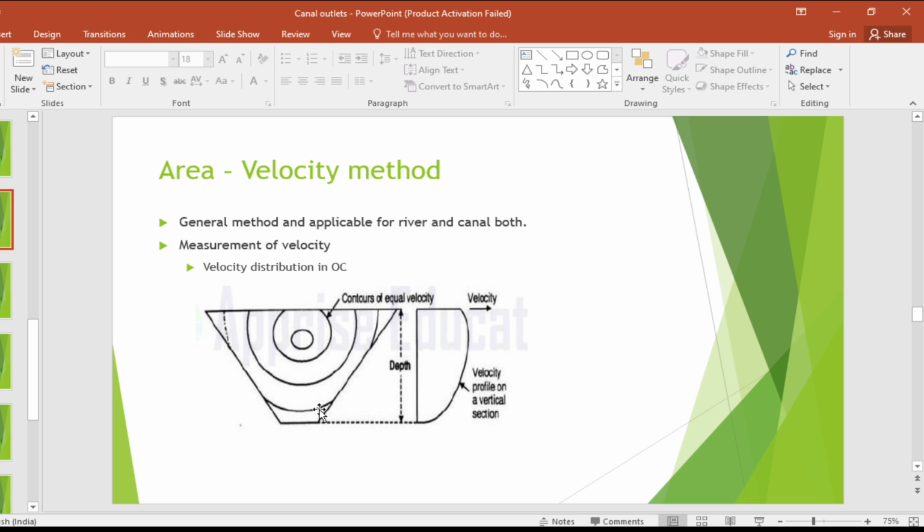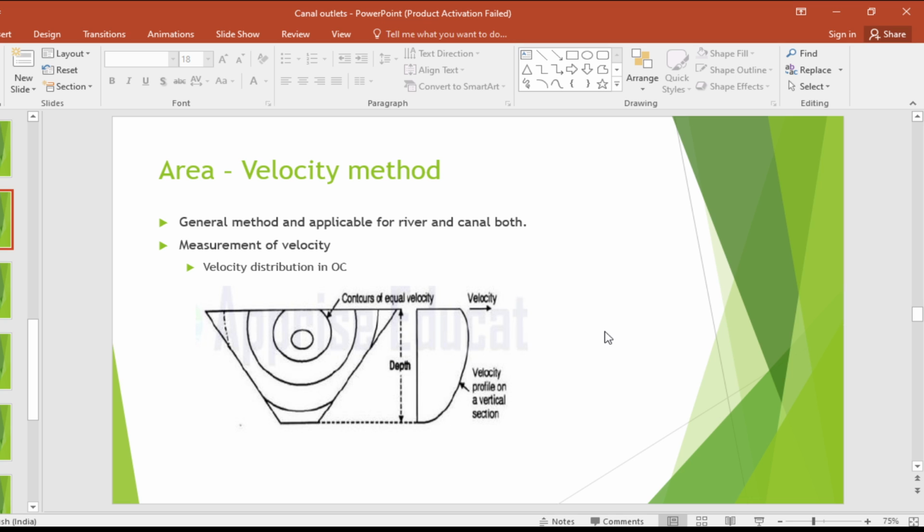Now, the measurement of velocity part. Here, the main problem in measuring discharge through a particular channel is the accurate determination of velocity. Now the velocity distribution: the diagram shows the velocity distribution in an open channel.